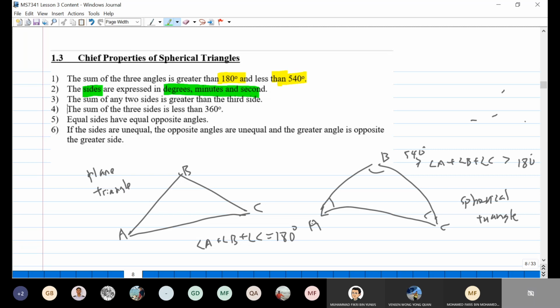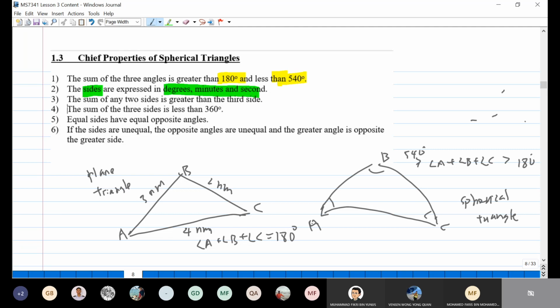Usually when you measure the side of a triangle, you ask how many meters this is. So it's 3 nautical miles, for example. This is 2 nautical miles, for example. This is 4 nautical miles, for example.